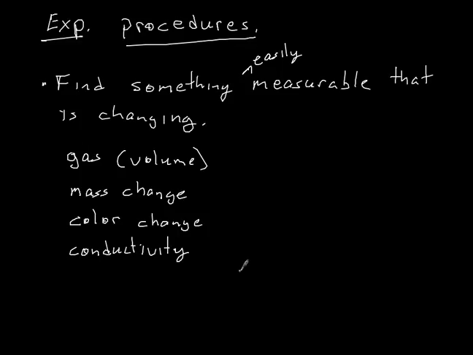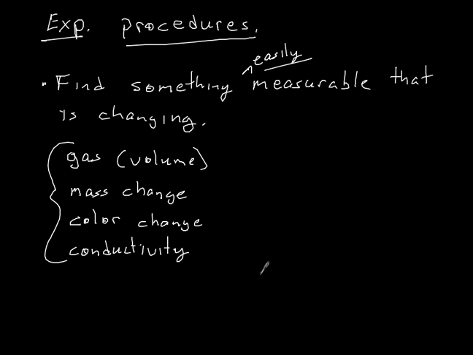Well, you could measure the change in the conductivity as the reaction is proceeding to measure the rate of reaction. So these are just 4 examples. There are other ways that you can measure the rate of reaction in a laboratory. Anything that you can easily measure, you could use in an experiment to determine the rate of the reaction.